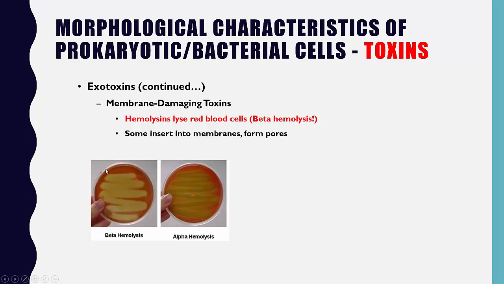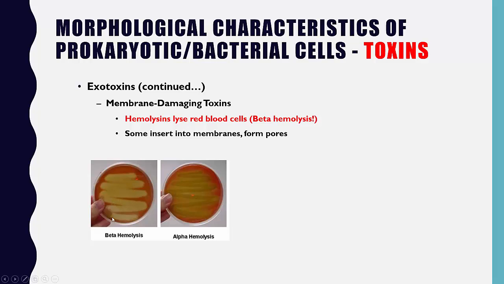and this is, I'm sorry, this is a sheep blood agar plate. It's red because it's loaded with red blood cells. As the bacteria were streaked onto the plate and they release the exotoxin and the red blood cells explode, you can literally read newsprint through what used to be blood in kind of a gelatinous agar.